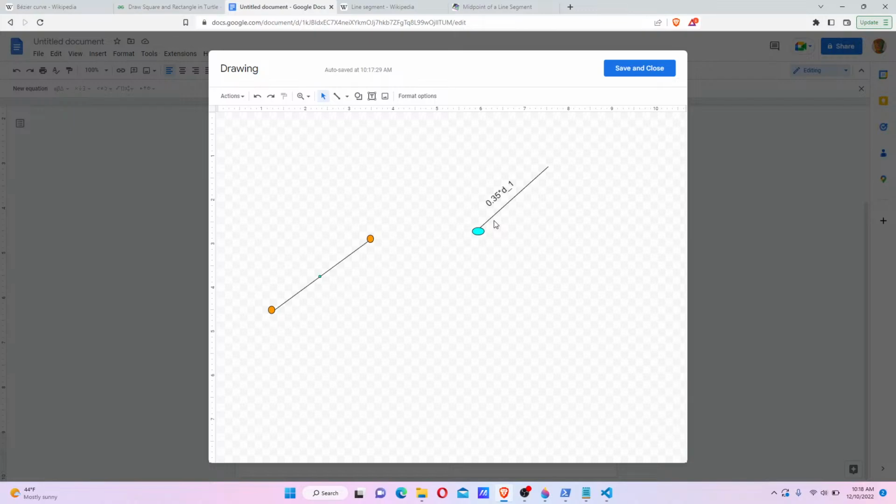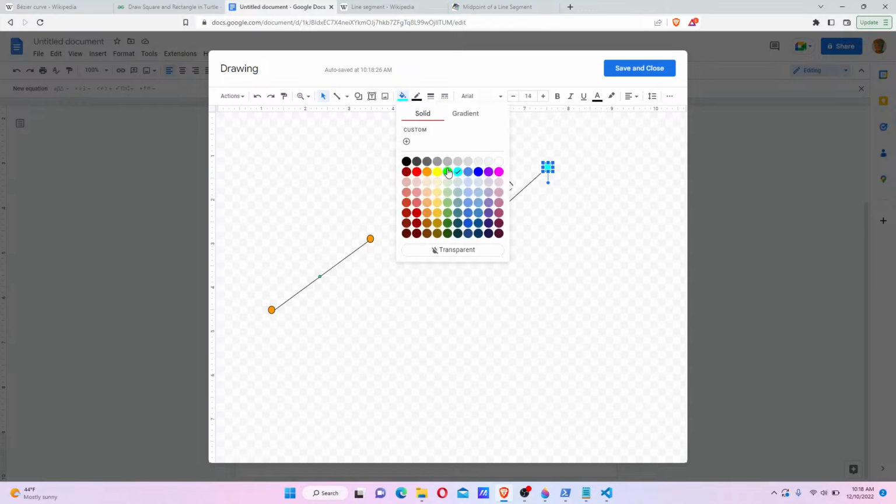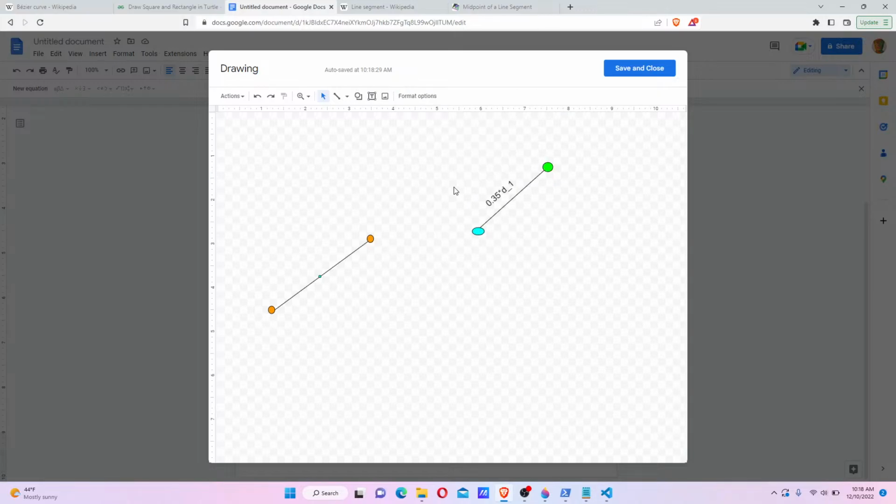We know the equation of that line. I'm just trying to think, how do we find? Now we want to find this point. How do I find that point?